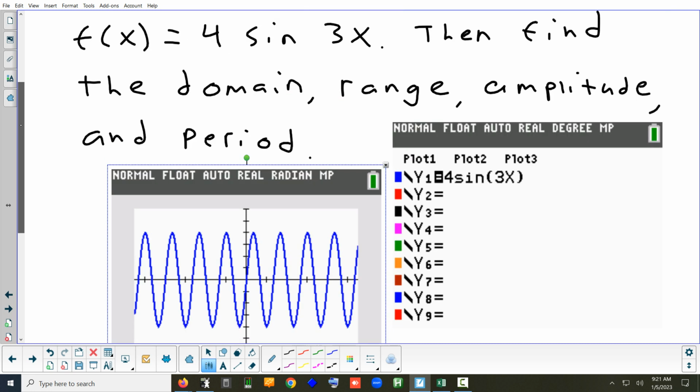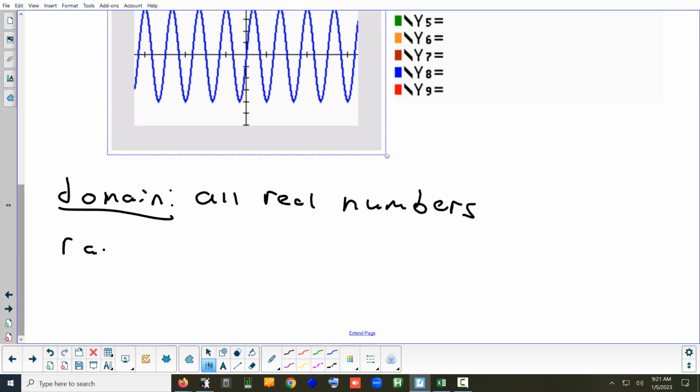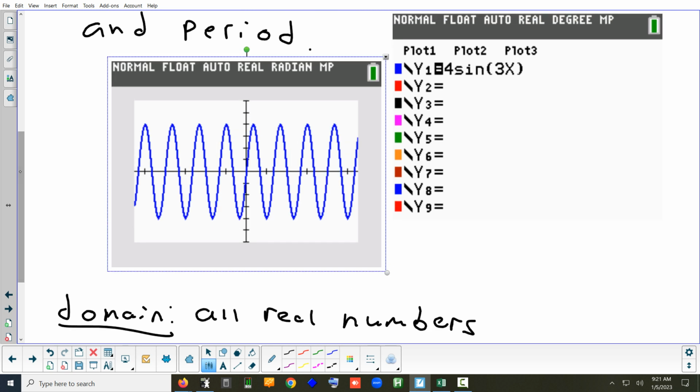Okay, so there's your domain. How about the range? It's not all real numbers. The range is very limited. Is that negative 4, and then up to positive 4?